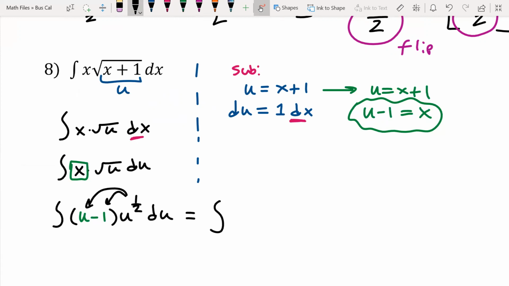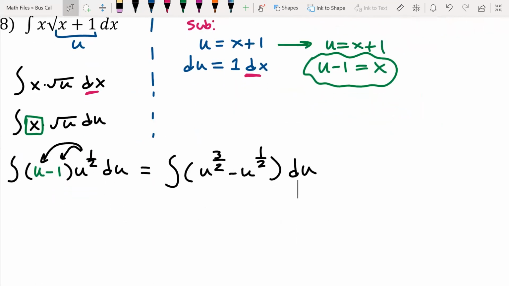So we get the integral, and u times u to the 1/2, when you have the same base, you add your exponents. So that's going to be 1 plus 1/2, which will give us u to the 3/2 minus u to the 1/2 du.